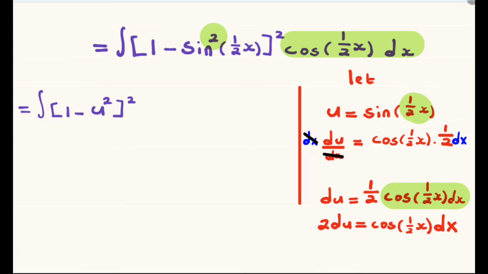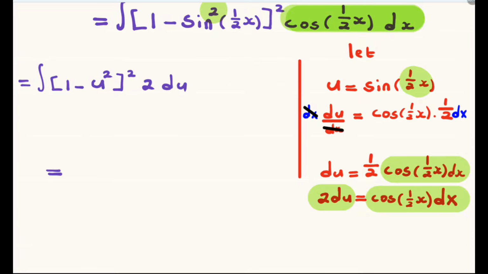This will be raised to the power 2. In the place of that, we substitute 2 du, because 2 du is equal to cos of half of x dx. So we multiply this by 2 du in the place of the cos of half of x dx. This will be equal, so we take that 2 out of the integral.